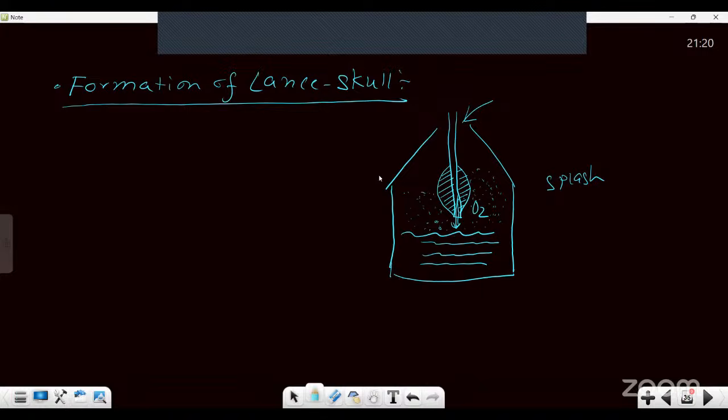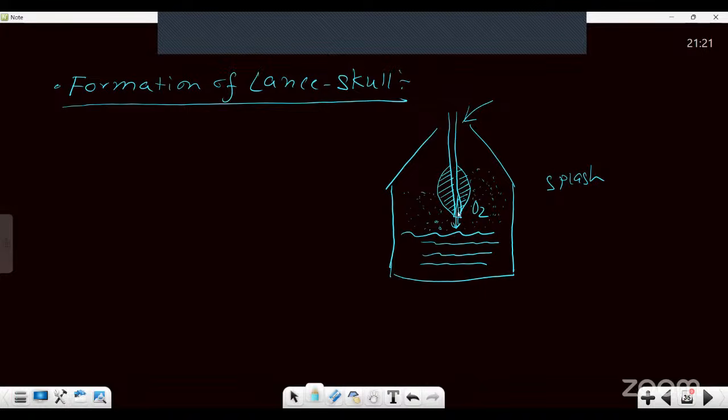Now, another thing I should talk about in this LD converter is that I can move this oxygen lance according to my own wish. I can lower the lance, I can raise the lance; we can move it down and up.